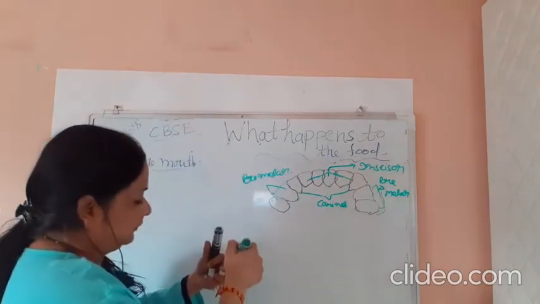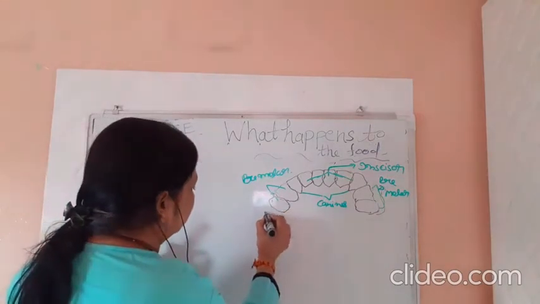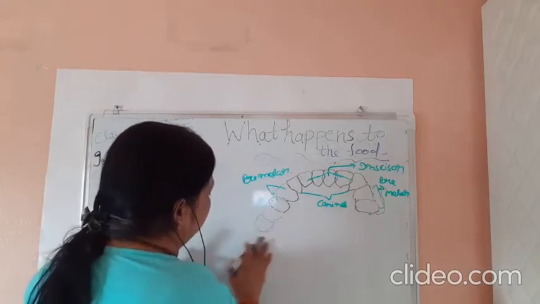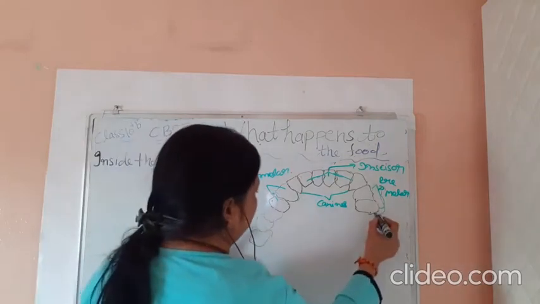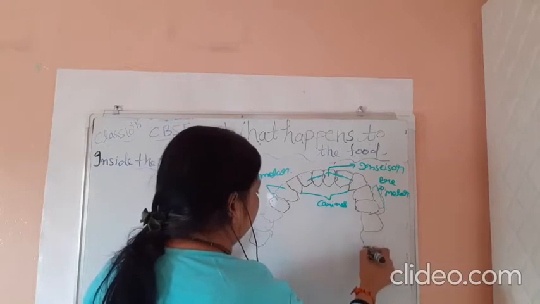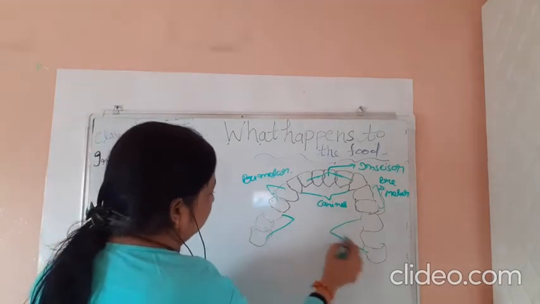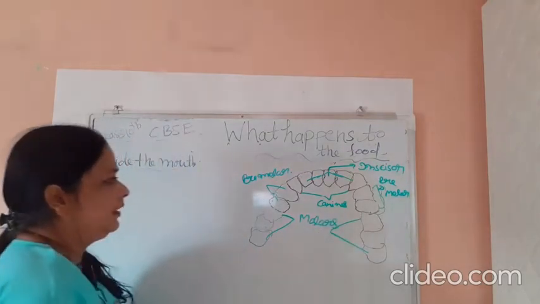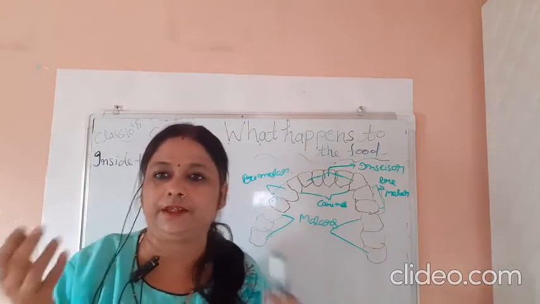And then the molars. This is a molar. Each jaw has 16 teeth, so both jaws together have 32 teeth.